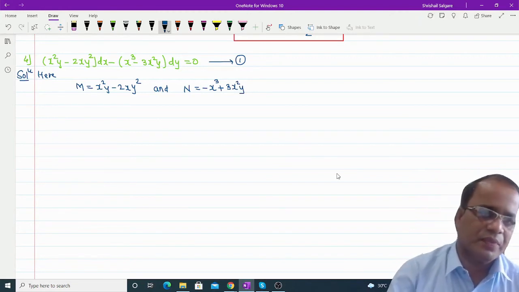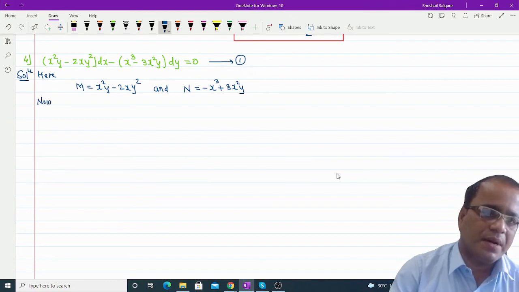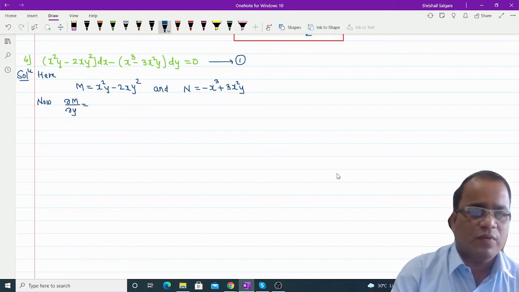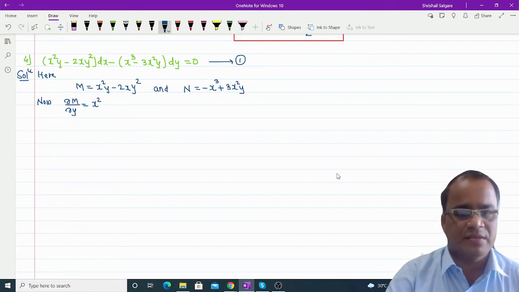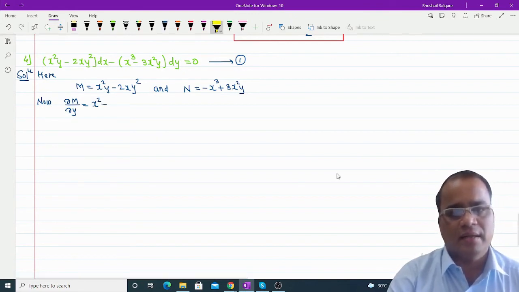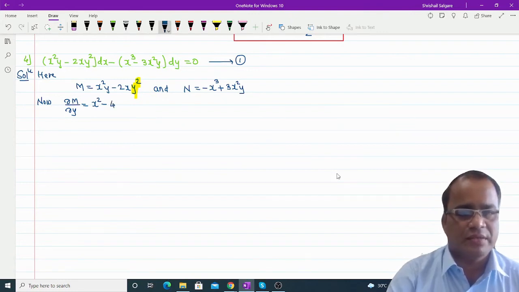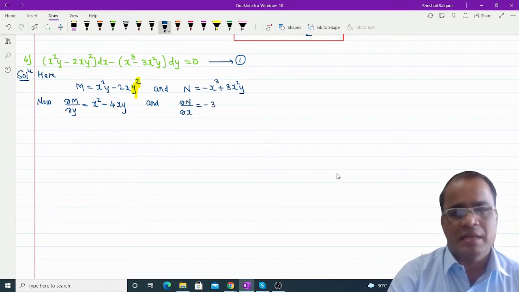Find the derivatives. Now find the partial derivative of m with respect to y. With respect to y, this x square is constant, that remains as it is, and the derivative of y with respect to y is 1. Now the derivative of y square is 2y, so it comes as 2 into 2, a 4xy. Similarly, the partial derivative of n with respect to x: the derivative of the first term is 3x square plus 6xy.